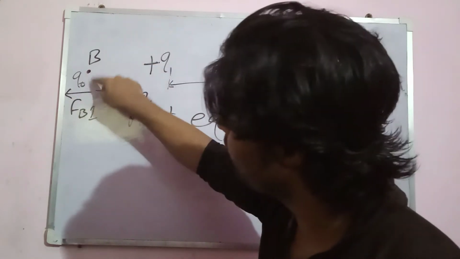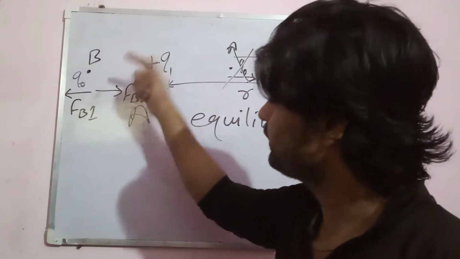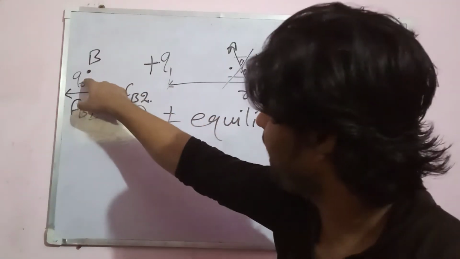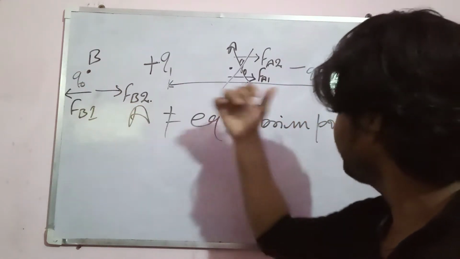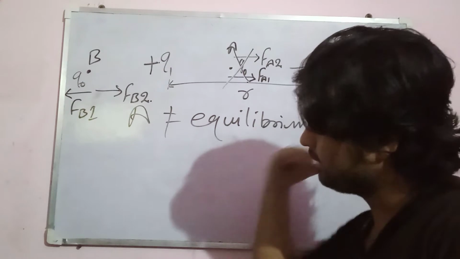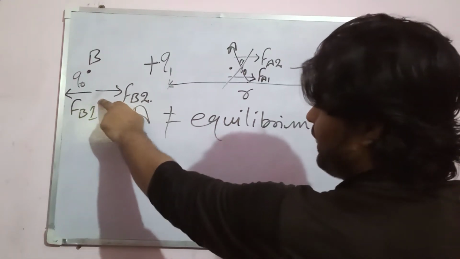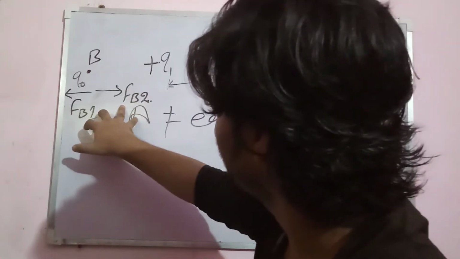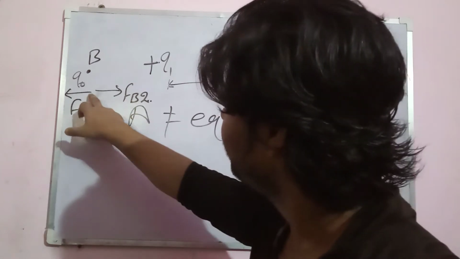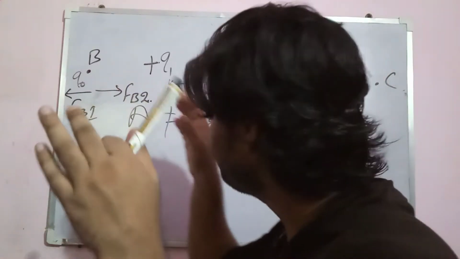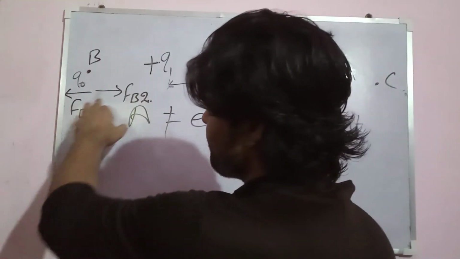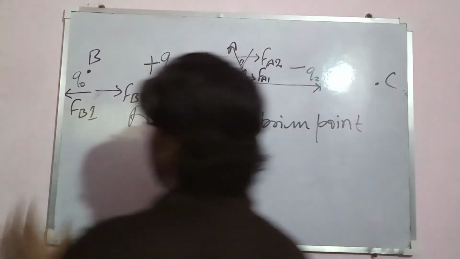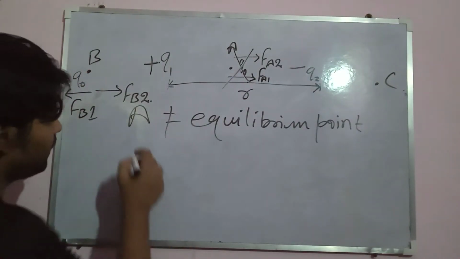The force by Q2 on Q0 is attractive because Q2 is negative and Q0 is positive, so it attracts towards itself. The direction of this force FB2 is in this direction. If these two magnitudes are equal, then this might be our equilibrium point because the forces are opposite in direction, so they may cancel. So we can say that B may be our equilibrium point.